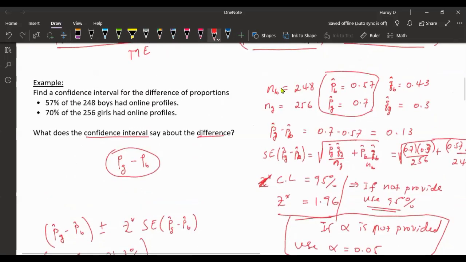Therefore, if the first group and the second group don't have a difference, what do we expect between P1 minus P2, the difference between the proportions of the groups?